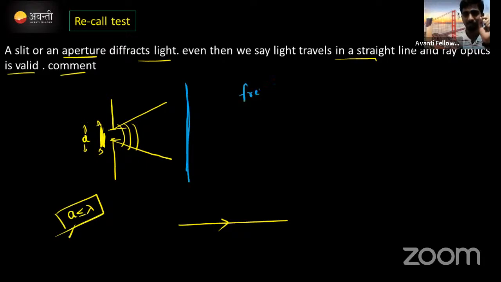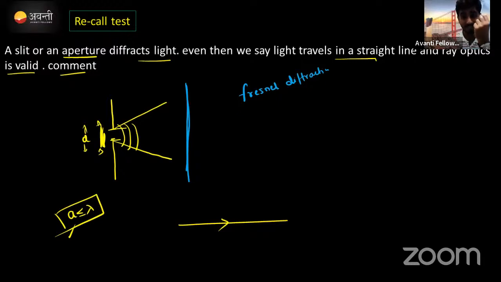Fresnel diffraction. Here we are saying light travels in a straight line, because our eye has an aperture, the iris, through which light enters our eye.